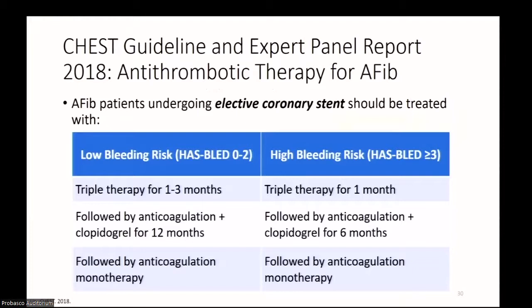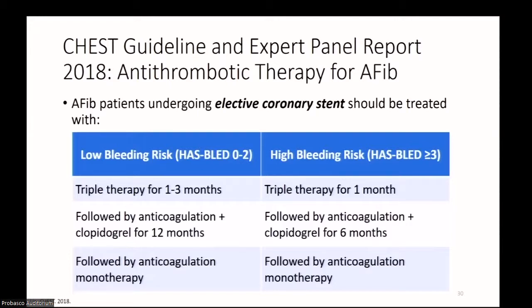And this is the American College of Chest Physicians, and they released updated guidelines in 2018. And concerning triple therapy, they divided their recommendations into 2 different situations. The first one being AFib patients undergoing elective coronary stent. These guidelines state that if the patient is of low bleeding risk, these patients should be treated with triple therapy for 1 to 3 months, and then followed by anticoagulation plus clopidogrel for 12 months.